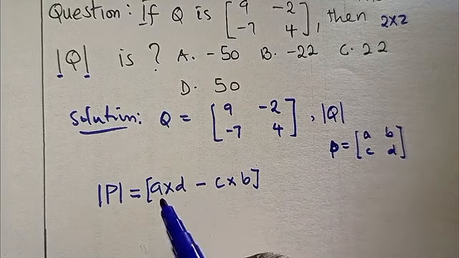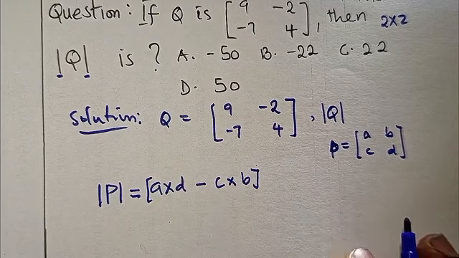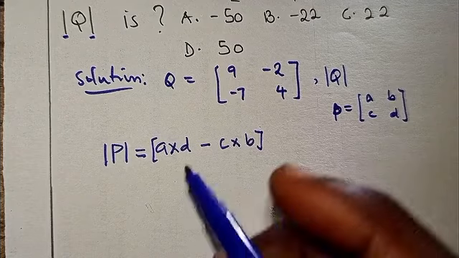Diagonally, A times D minus C times B. Right, so that is what we are going to use here.